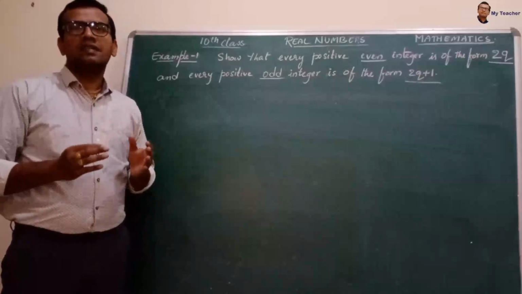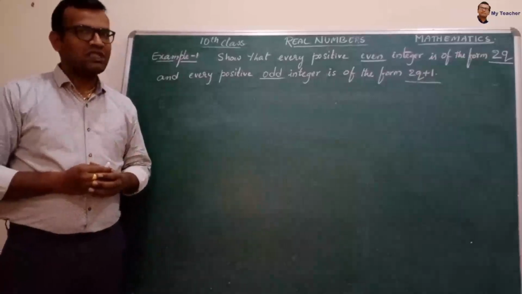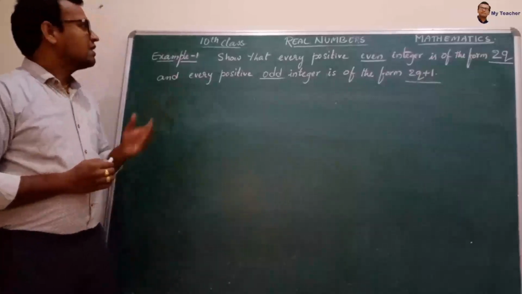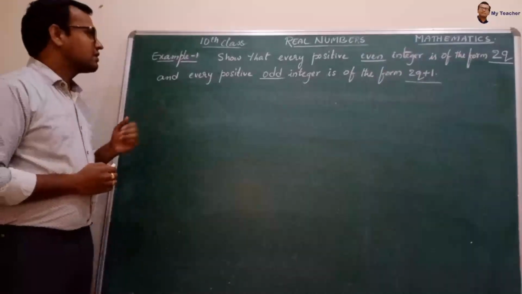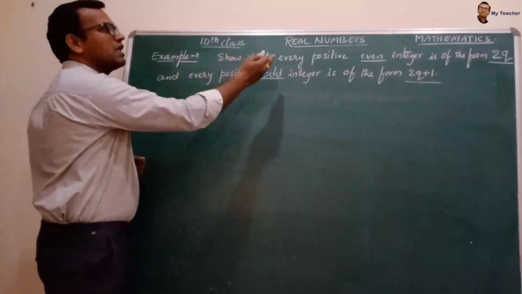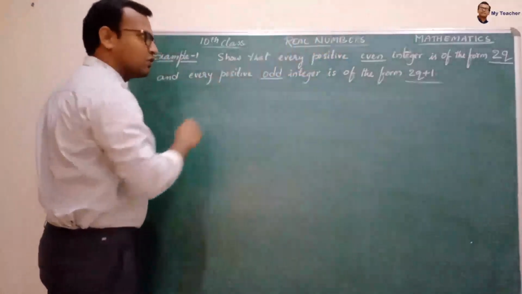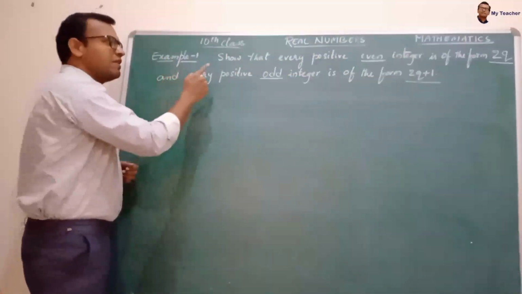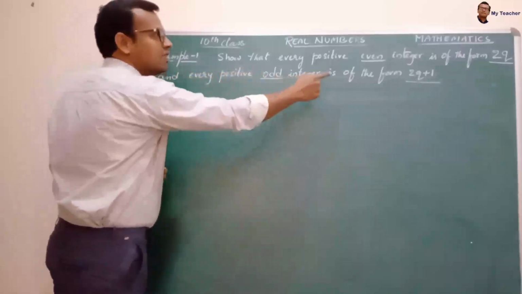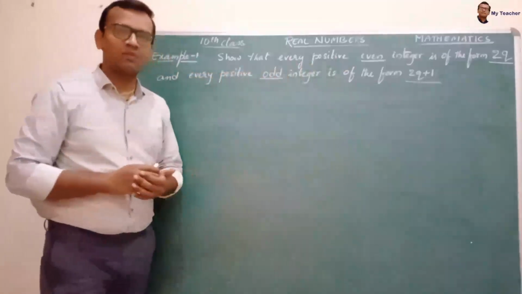Now let us see another application of Euclid's division algorithm. Example 1. See here. Show that every positive even integer is of the form 2q and every positive odd integer is of the form 2q plus 1.